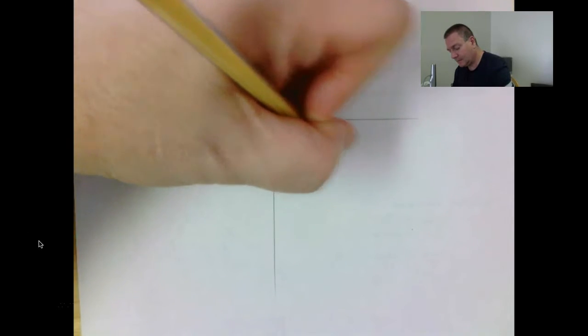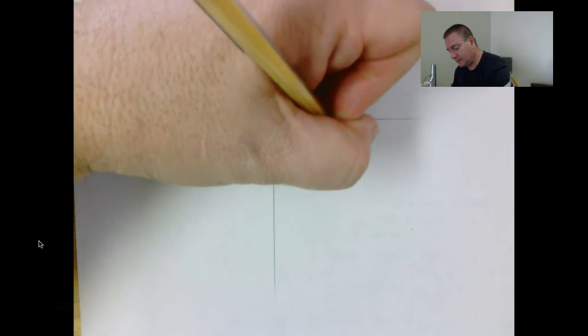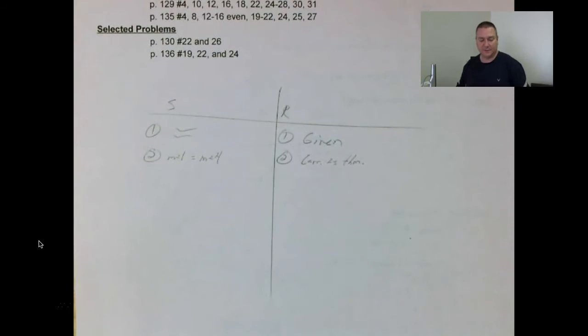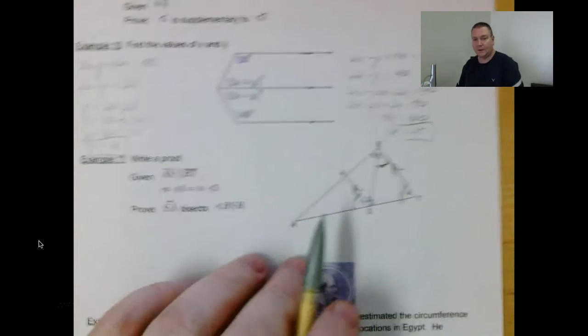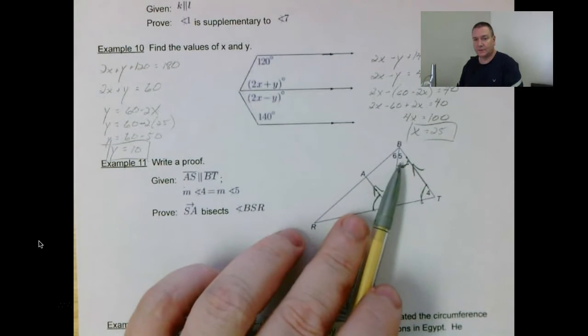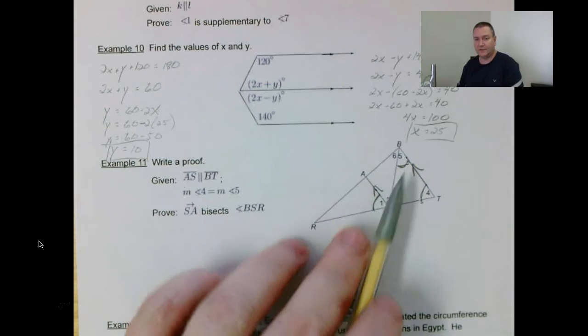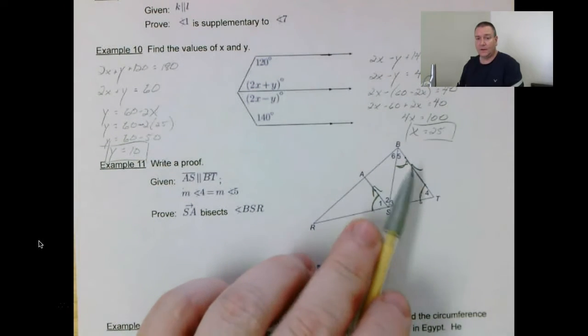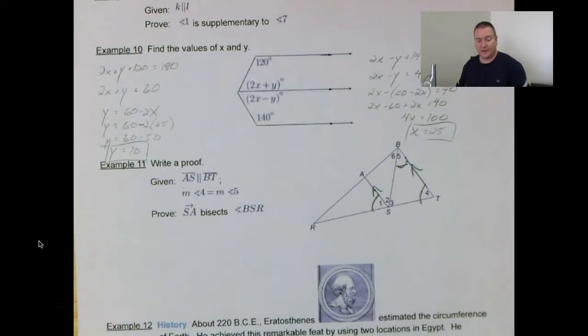Corresponding angles here. Let's show a postulate because our previous book, it was a postulate. Well, we can see in our diagram, angle 4 is equal in measure to angle 5. Angle 4 is equal in measure to angle 1. Angle 1 and angle 5 have to be equal in measure.